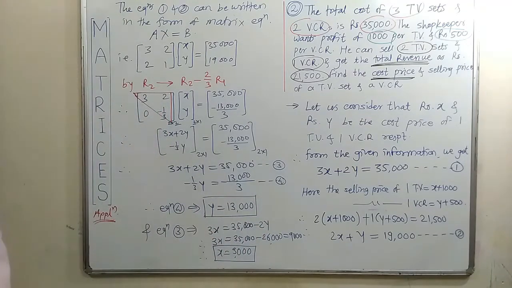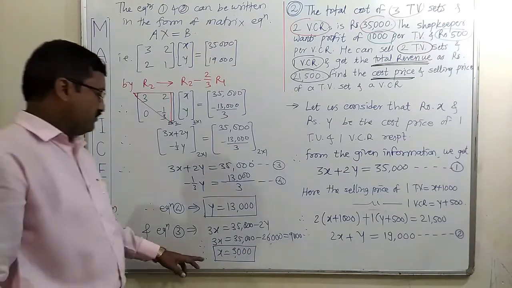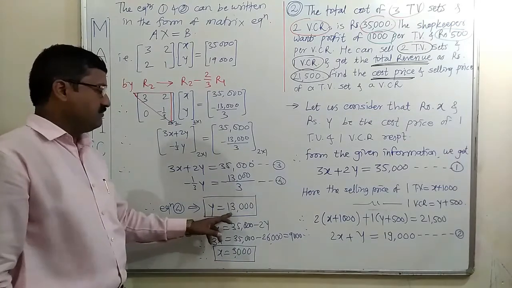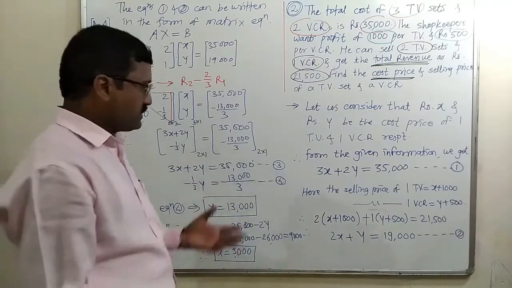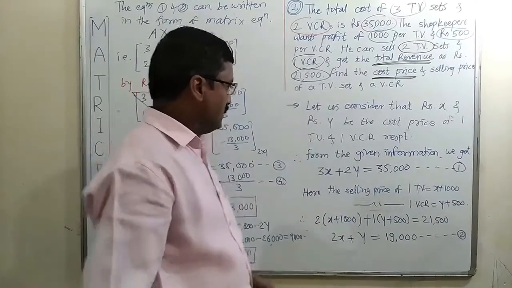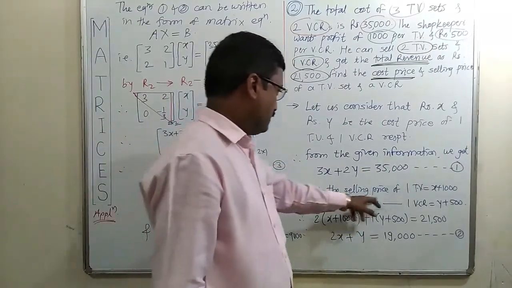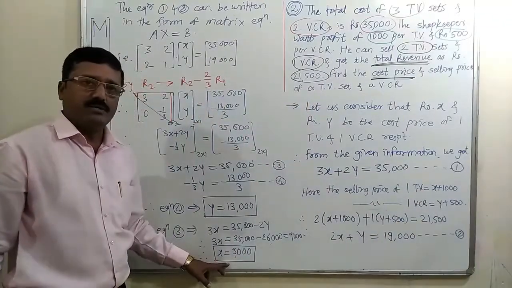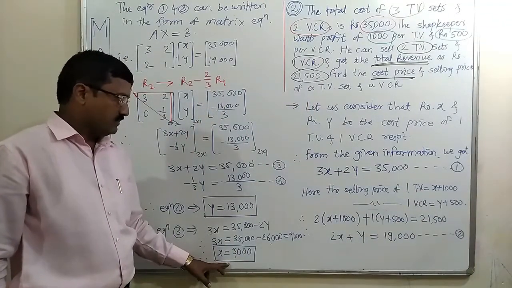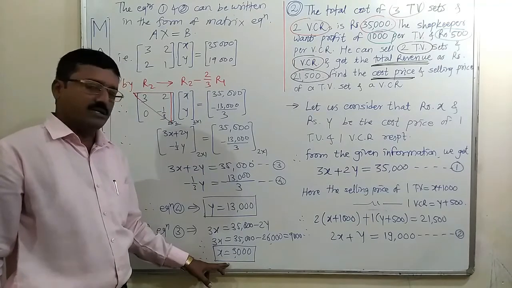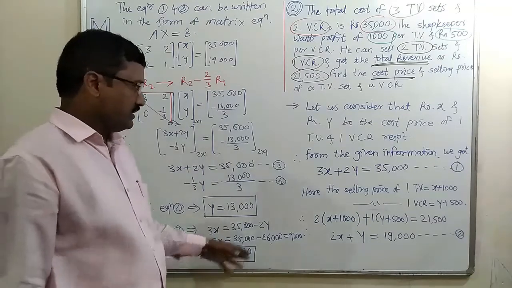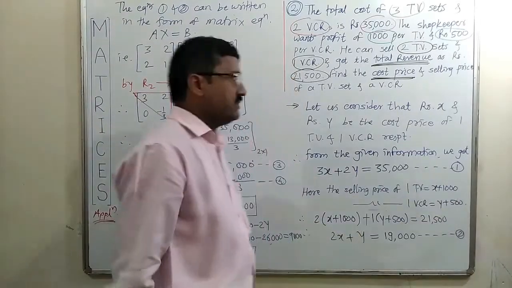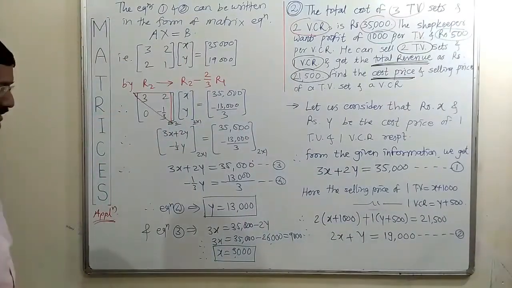So this is x, this is y. So in the answer we can write the cost price of 1 TV will be rupees 3,000 and the cost of 1 VCR will be 13,000. Obviously the selling price is x plus 1,000, so the selling price will be 3,000 plus 1,000, that is 4,000, and the selling price of 1 VCR will be 13,000 plus 500, that is 13,500.